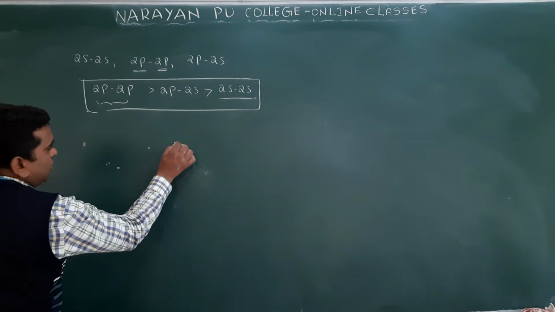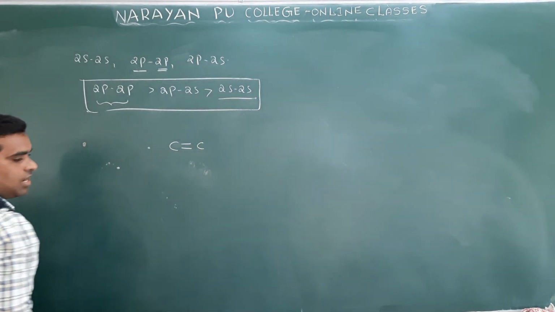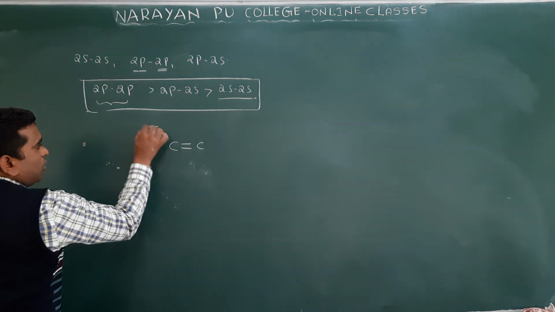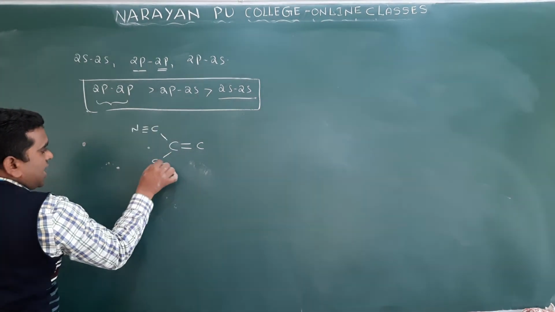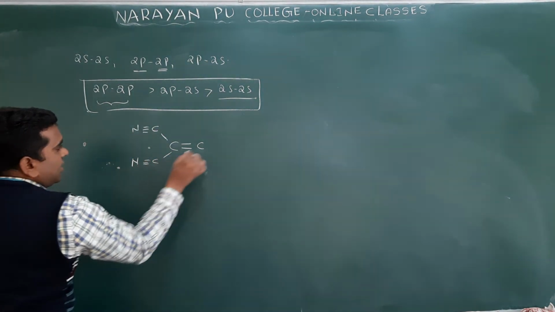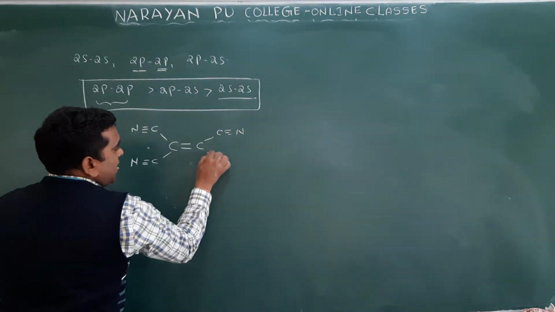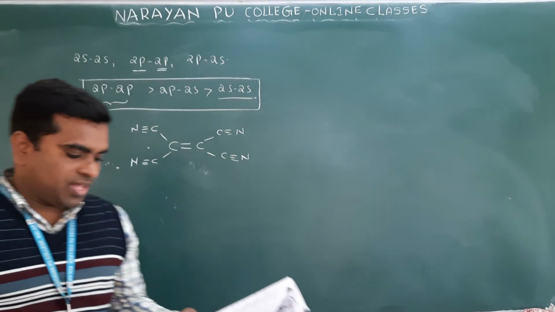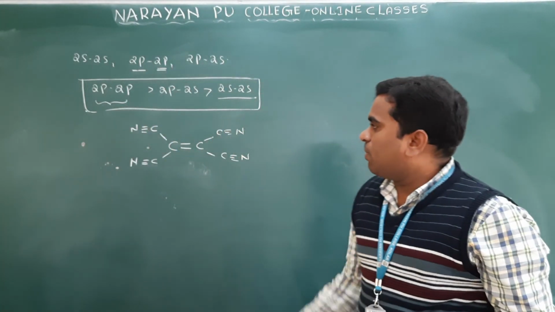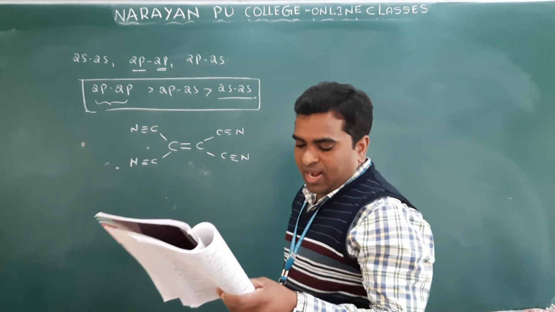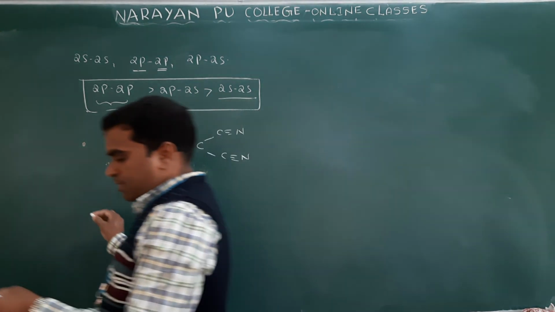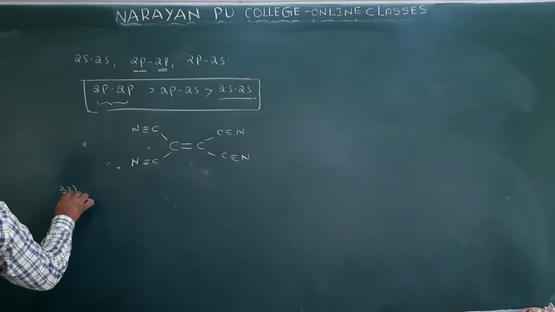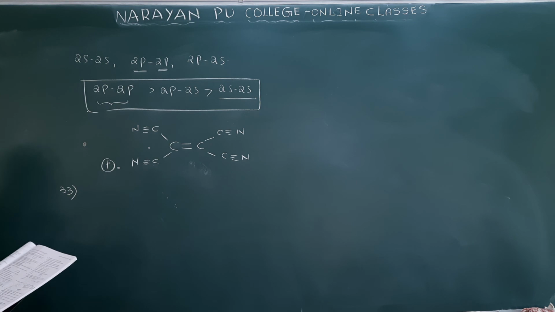Tetracyanoethylene: ethylene means C double bond C, tetracyano means 4 cyanide groups will be there. Calculate how many pi bonds and sigma bonds. 9 sigma bonds and 9 pi bonds should come. You will get option 1. Check whether you are getting it or not.